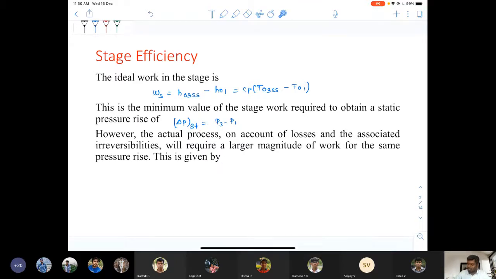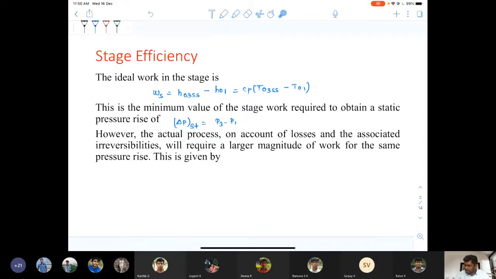However, the actual process, on account of loss and the associated irreversibility, will require a larger magnitude of work for the same pressure rise. Due to the losses, a huge amount of work is required for the actual process to be carried out.